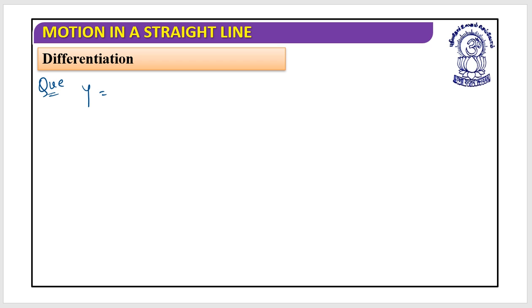Let's say y is equal to log of x into e to the power 2x, and you need to differentiate this, dy by dx. How could you do this? Tell me. Can you?